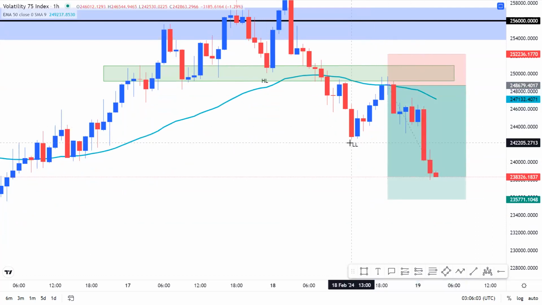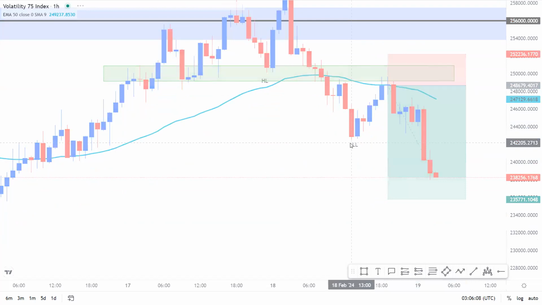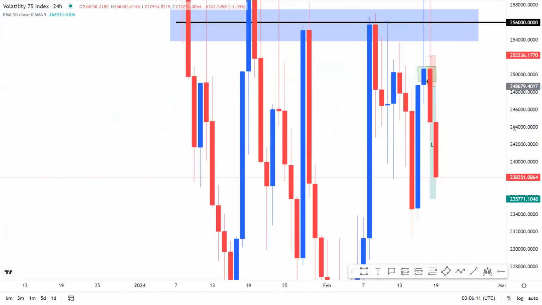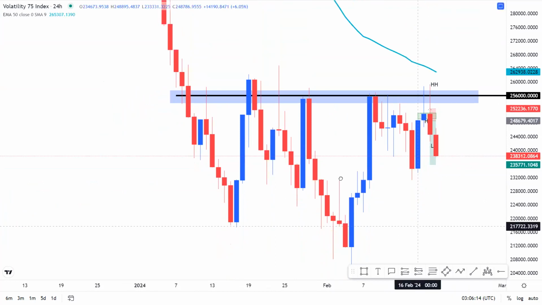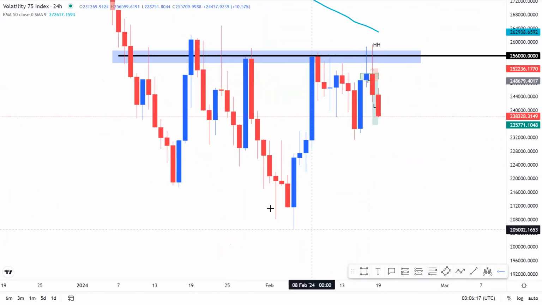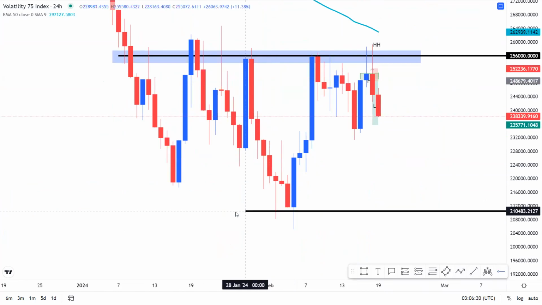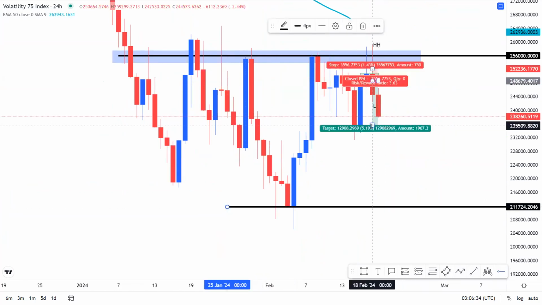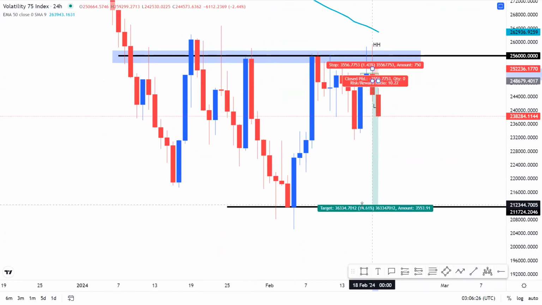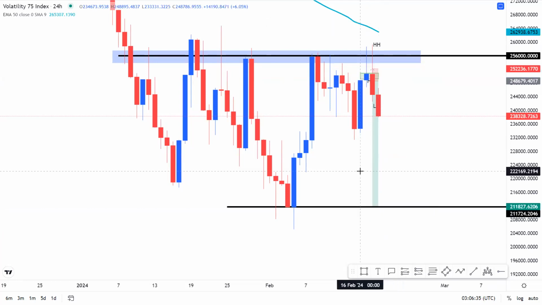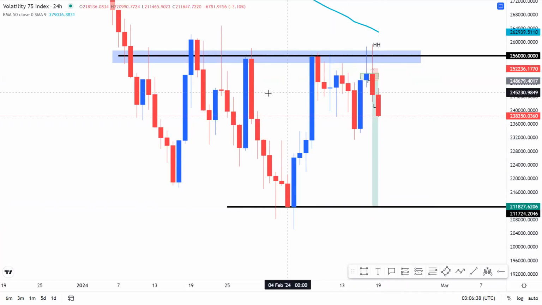And then this is where my overall take profit targets are seen from the daily time frame. So I'd love to see price come all the way down here. So I have my overall take profit targets, for a nice 1 to 10 risk to reward trade on our sell position.